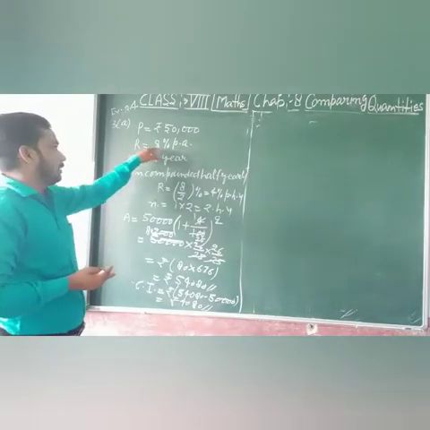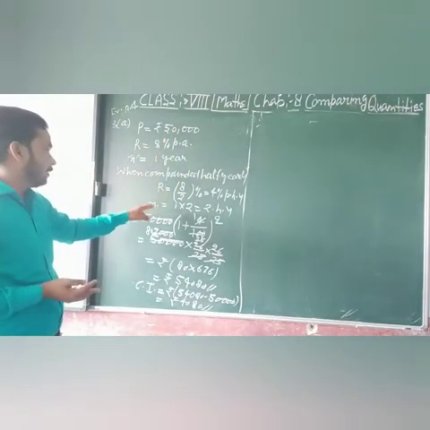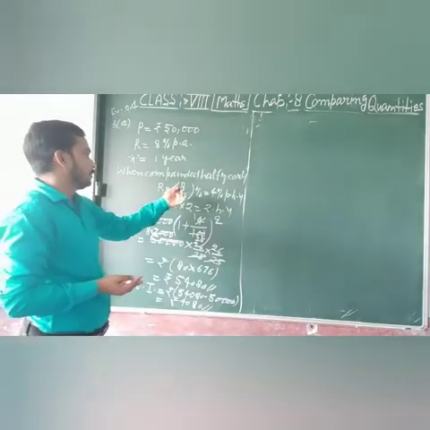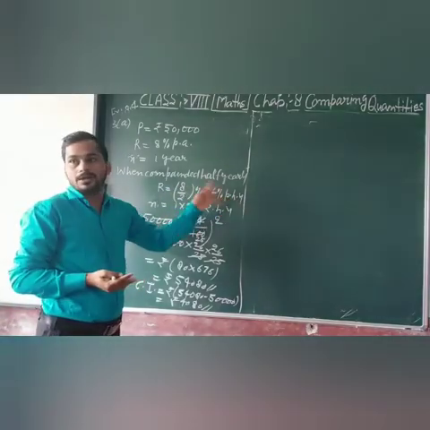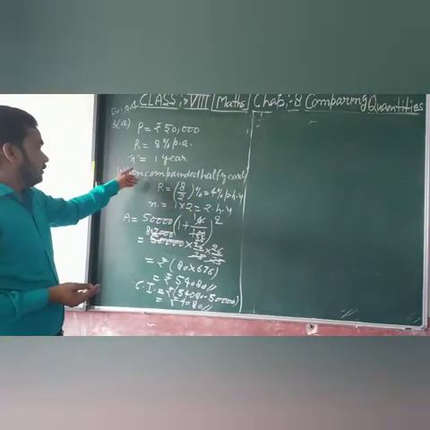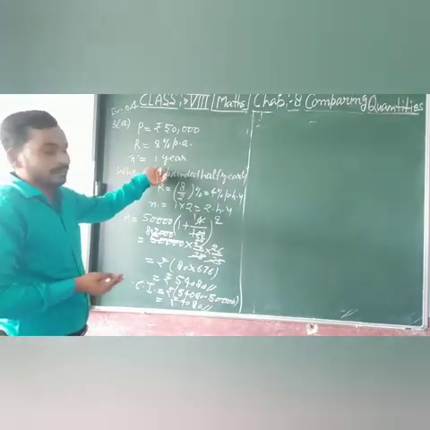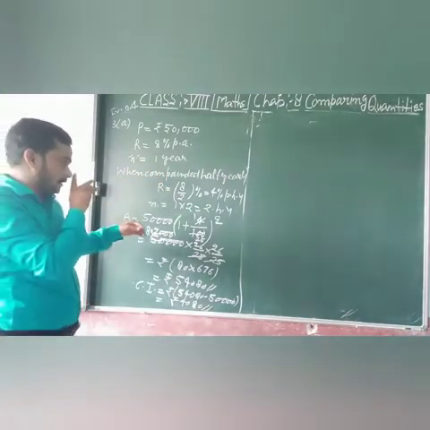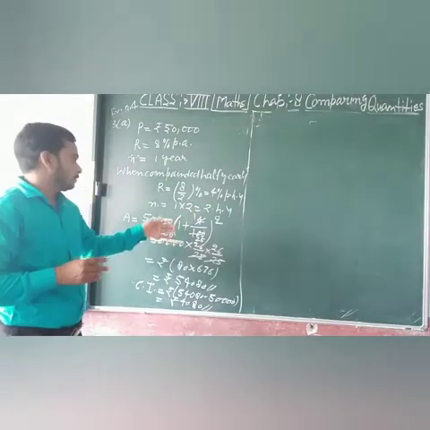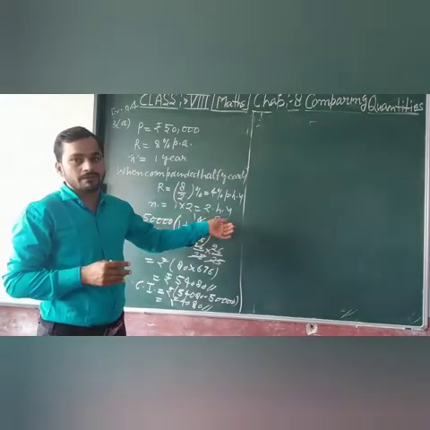So here rate is given 8% per annum. When we convert into half yearly, it becomes half, that is 4% per half yearly. Then time n equal 1 year, and in a year, there are 2 half yearly. 1 multiplied by 2 equals 2 half yearly.